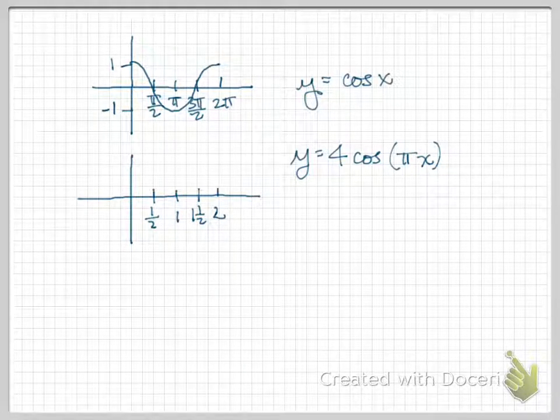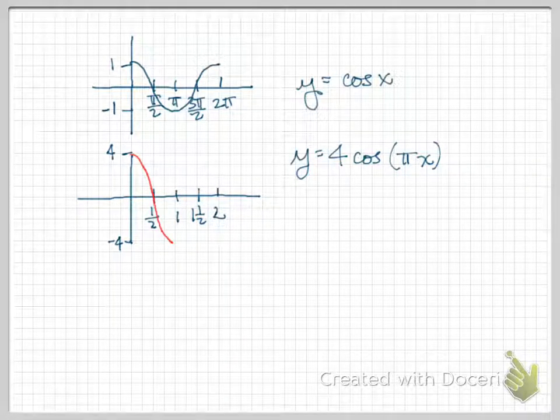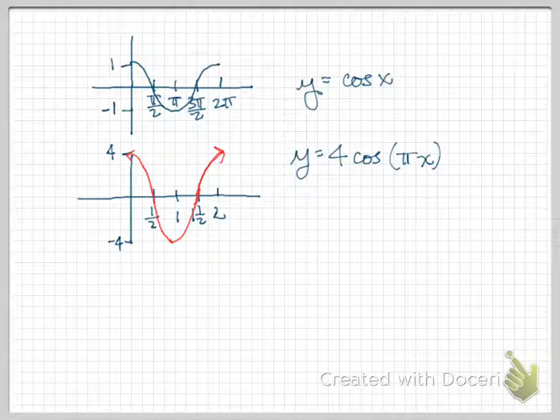And instead of going from 1 to -1, I'm now going up to 4 and down to -4. So basically we're taking the same graph that we just drew and making it taller. So it looks like this. Now we have y equals 4 cosine of pi x.